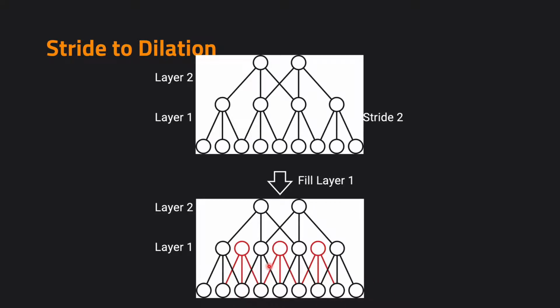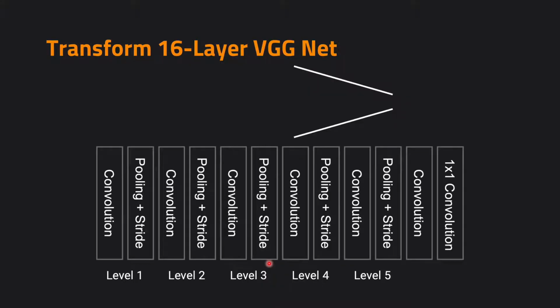So as you can see, now layer 1 has a higher resolution, and we do not change the original connections. And layer 2 naturally becomes a dilated convolution with dilation 2. And if we want to have higher resolution on the second layer, we can just fill in the dilated convolution.